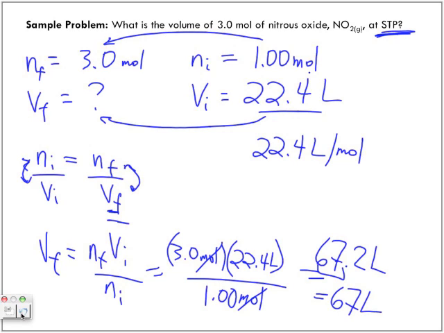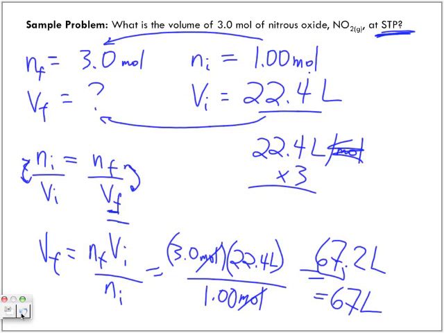So notice how 1 mole is equivalent to 22.4 liters, and 3 moles is equivalent to 67 liters. Imagine if we multiplied this by 3, this by 3, and we would get the number. So pretty much the numbers coincide.